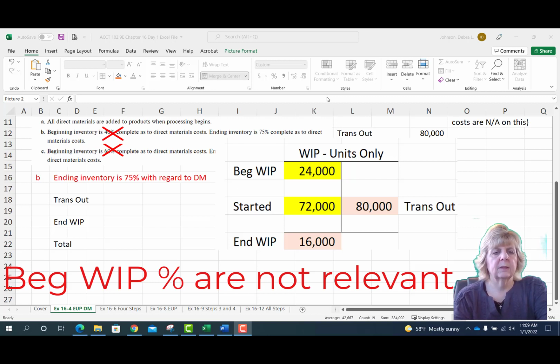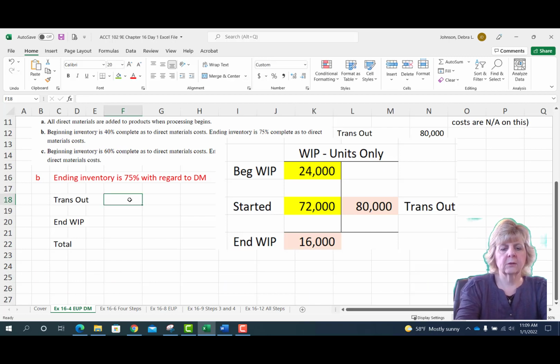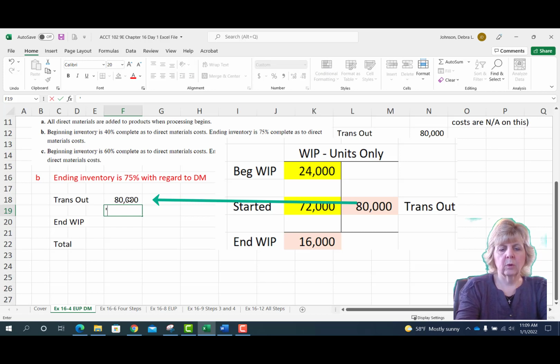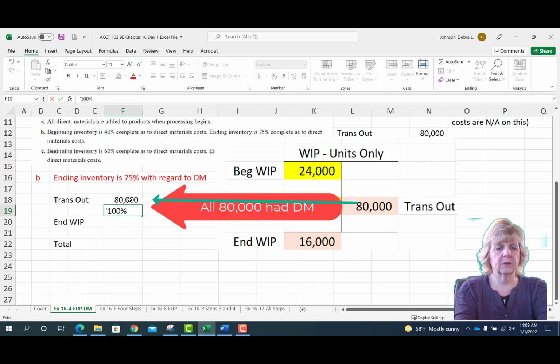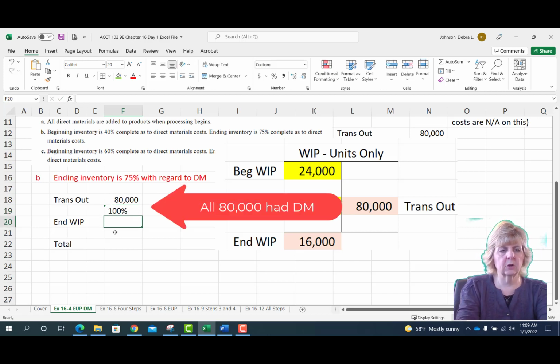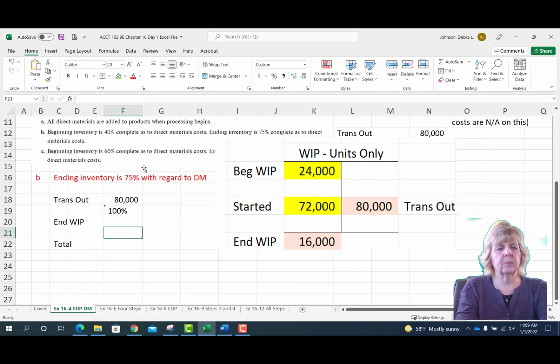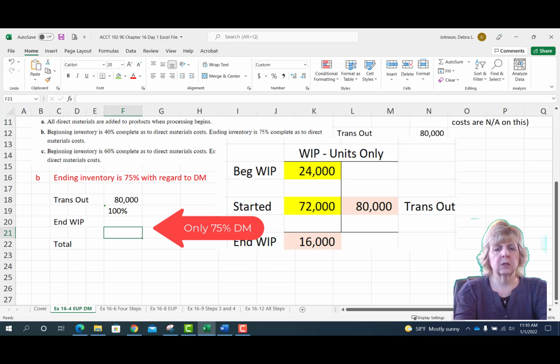This problem focuses only on direct materials. So once again, all 80,000 of the units transferred out would have received materials. So I'm going to write that down, 100%, always using weighted average. But as we read letter B, it says that ending inventory is only 75% complete with respect to materials.